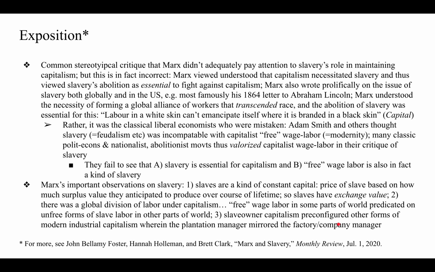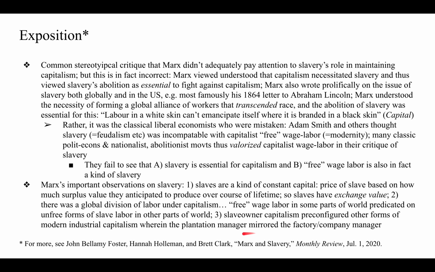So all of these different kinds of managerialist practices related to regulating everything about slaves' daily lives and how much they produce, micromanaging everything, pre-configure much of this managerial aspect of capitalism that we see today.